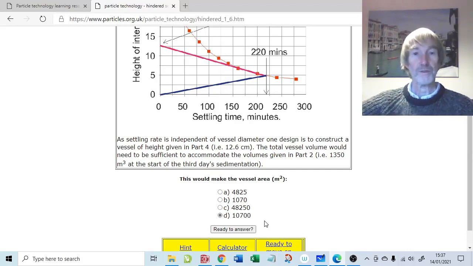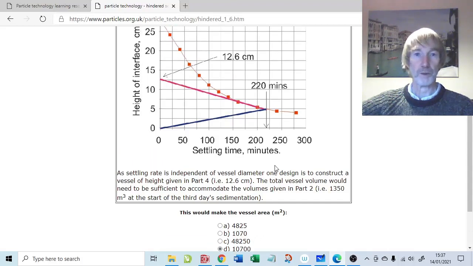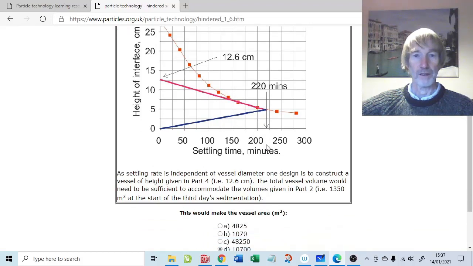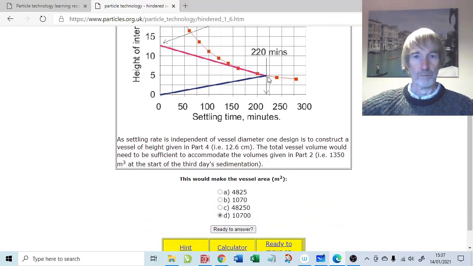Okay, so one design, to answer the question, is to start off with a tank that's 12.6 centimetres high, for the final settlement, and to allow it to settle for a certain amount of time where we can get the liquid out, and the area on that would be 10,700 metres squared, rather large area.